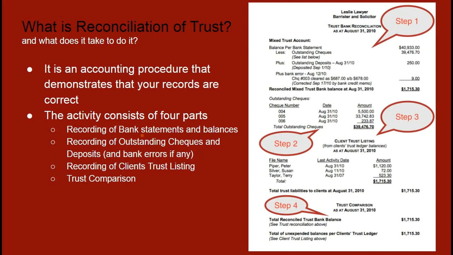If person A gave me $100 of retainer, person B gave me another $200, I should have $300. But maybe I've already completed the work for person A, I've generated the invoice, and I have moved the $100 from my trust account into my general account. So the $300 is now reduced by $100, leaving me with a balance of $200. Now that's the balance that we're talking about.